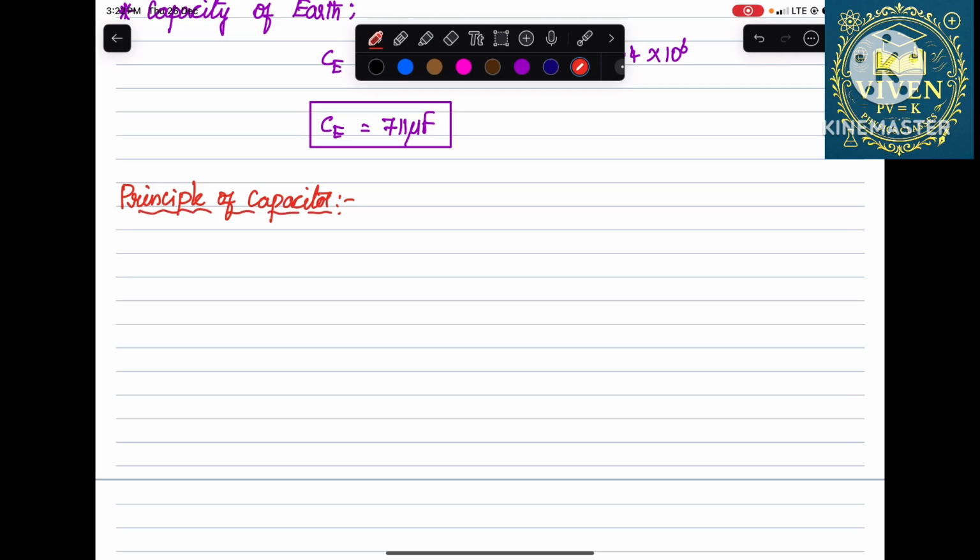In a capacitor, I would like to write everything because it's important. So the whole statement I would like to mention over here.